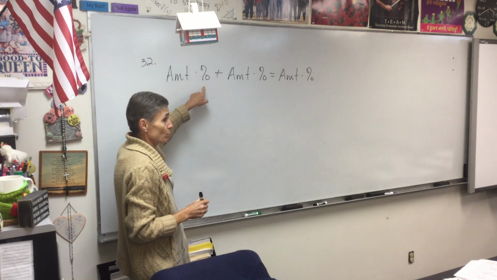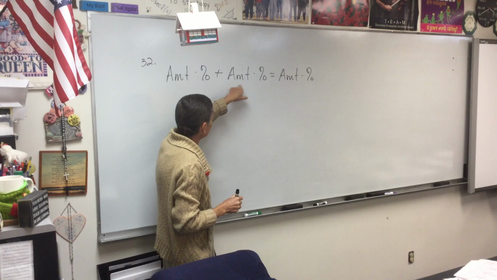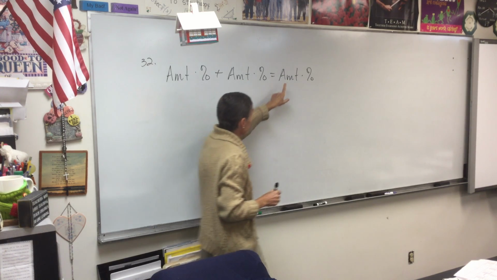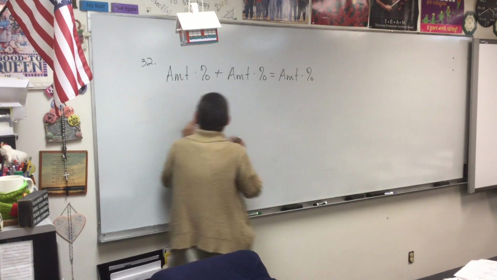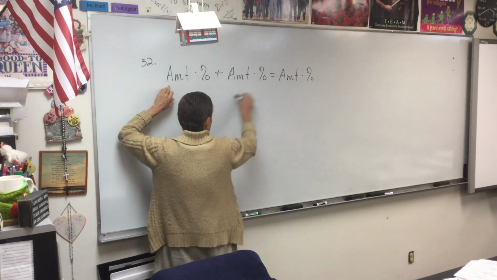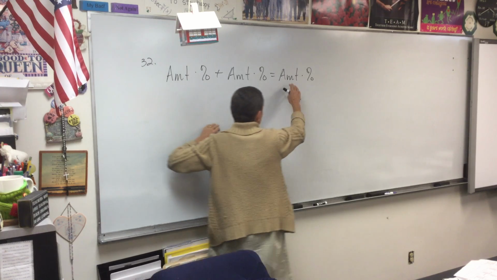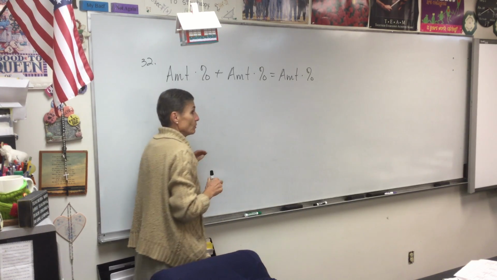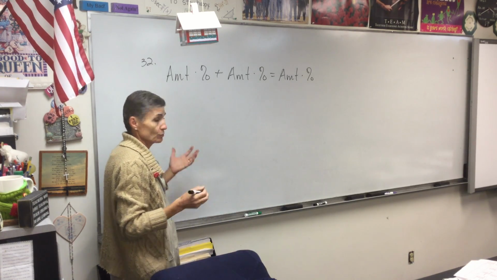Amount times percent plus amount times percent equals amount times percent. These are the amounts and the percentages of the two that we're mixing together. And this is the amount and the percentage of the final result, the solution.